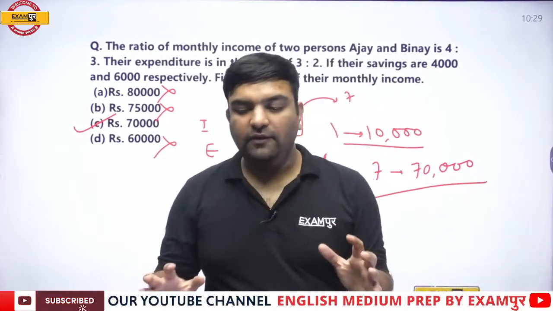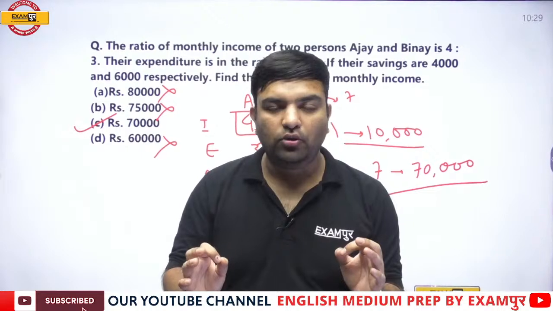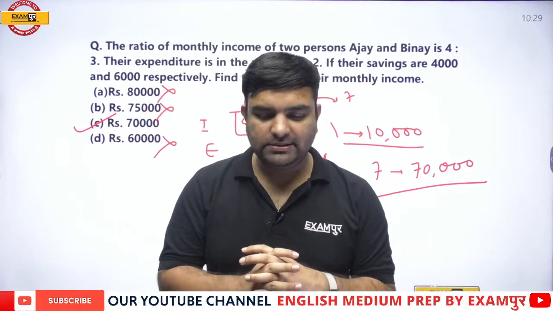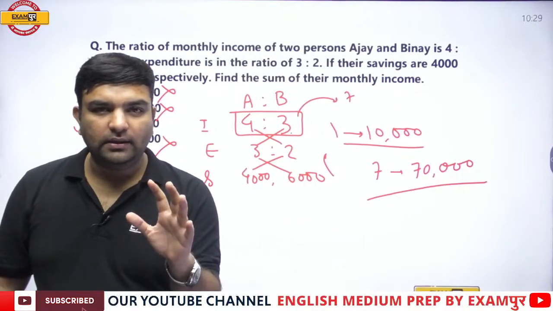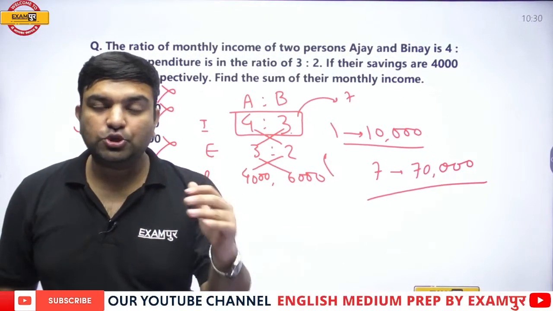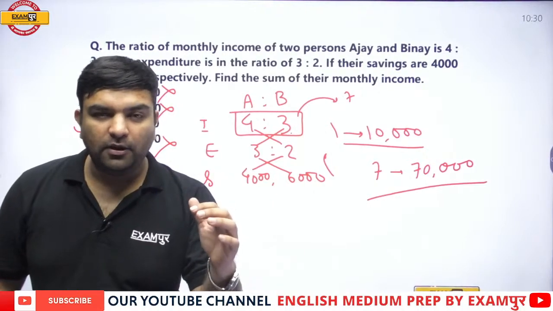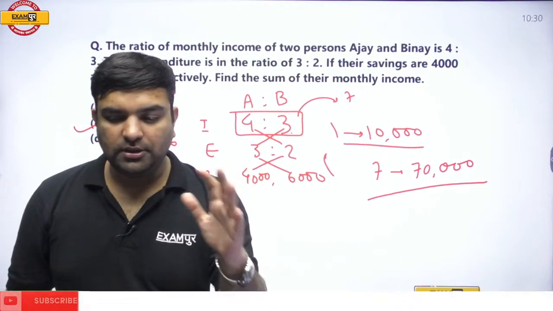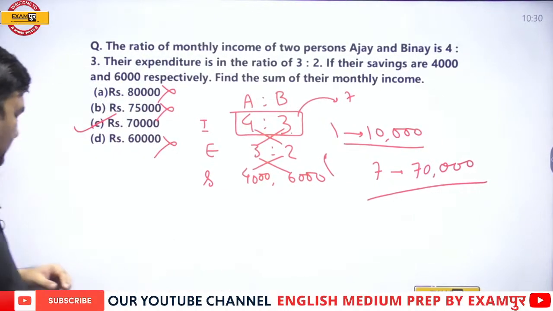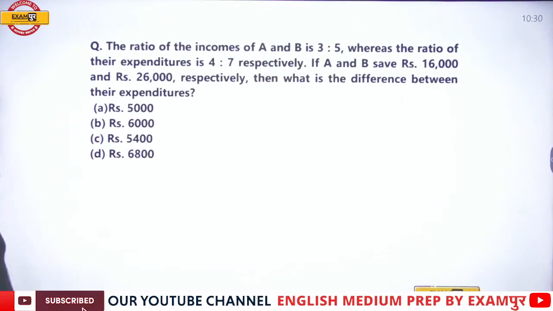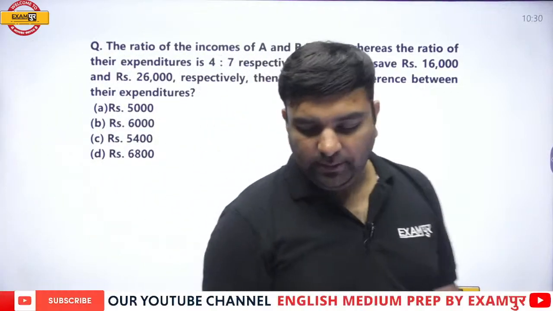We can even mark it without solving it, because the sum of the income is 4 and 3, that is 7. And the multiple of 7 is only one option, 70,000, no other. Next. All such things, guys, I will keep on delivering.